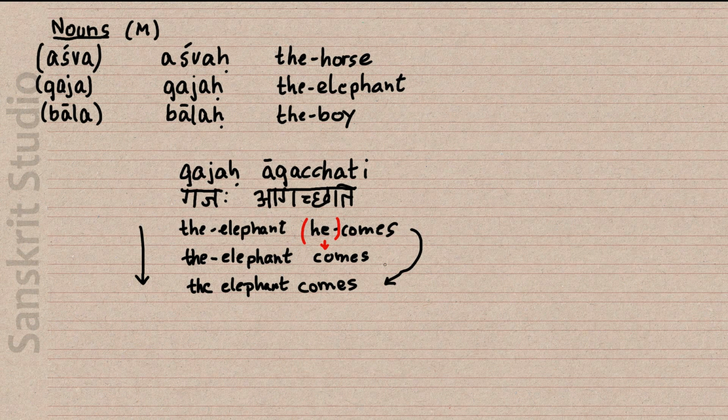So this idea here, I call this SWO, and that means English words but Sanskrit word order.